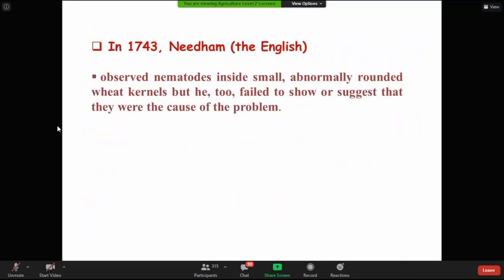He first observed nematode, creamy, inside small, abnormally rounded wheat kernels. He observed that some kernels were rounded and showed abnormal structure, and then he observed the nematode inside those kernels. But you see, they failed to show or suggest that the nematodes were the cause of this problem.